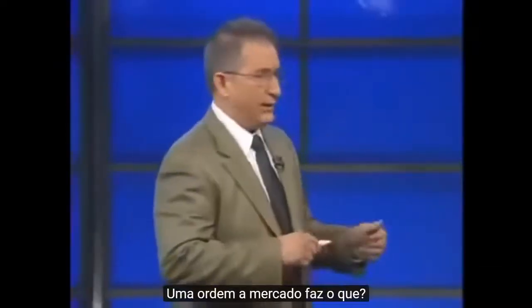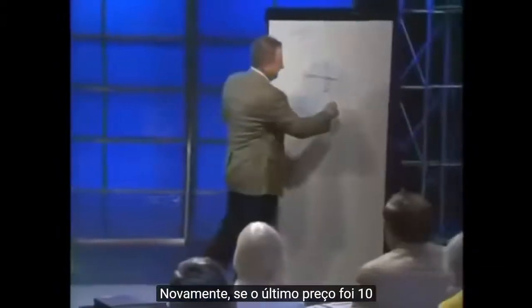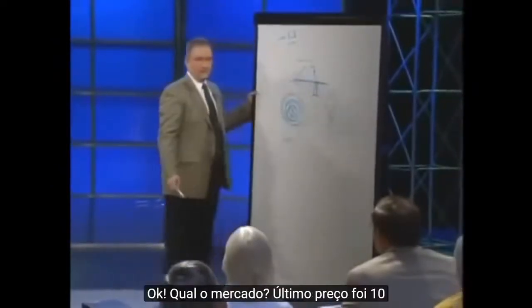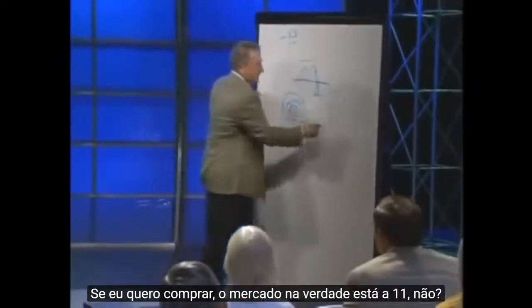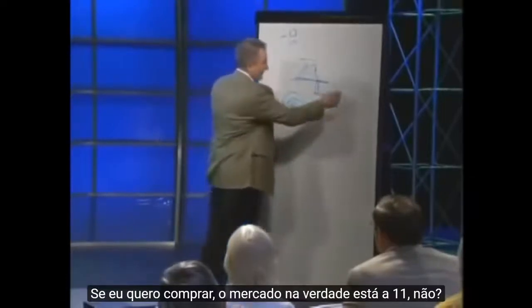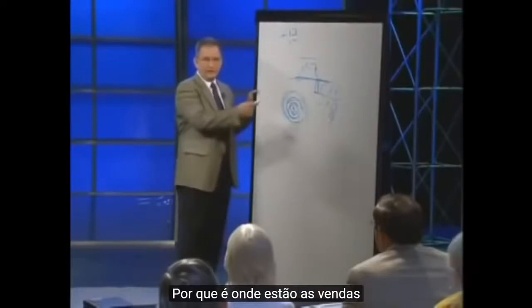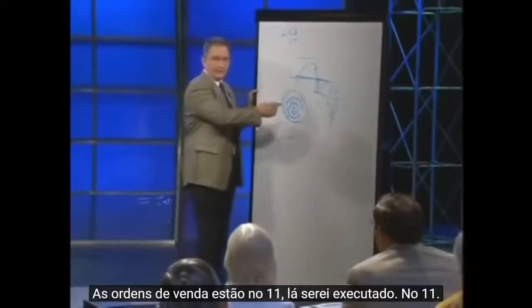Because a market order does what? Okay, if the last price is 10, we've got 9, we've got 11. What's the market? The last price is 10. If I want to buy, the market's actually 11, isn't it? That's the market, because that's where the offers are. The offers are at 11, so that's where I'm going to get filled.